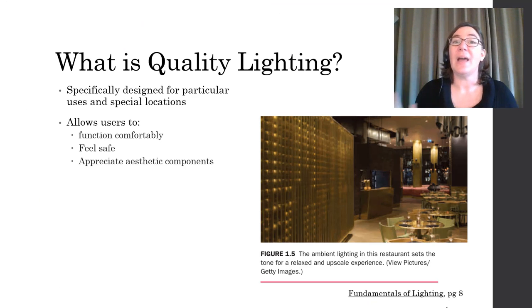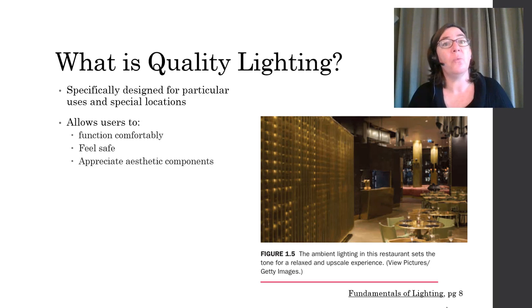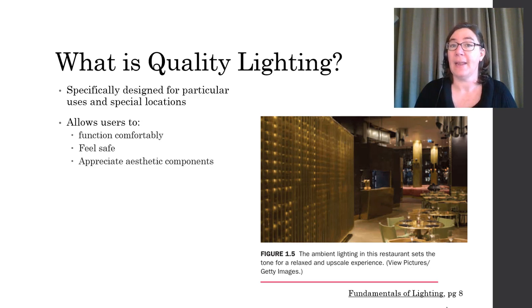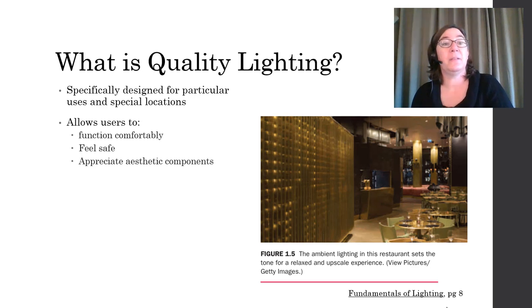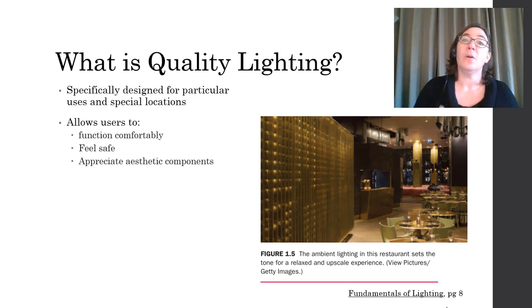All right, that was a lot of factors to take in very fast. So let's step back a second and look at the overall picture of what is quality lighting. And a really simple definition of it is that it is specifically designed for particular uses and special locations. This means that we didn't just provide the same lighting solution everywhere.